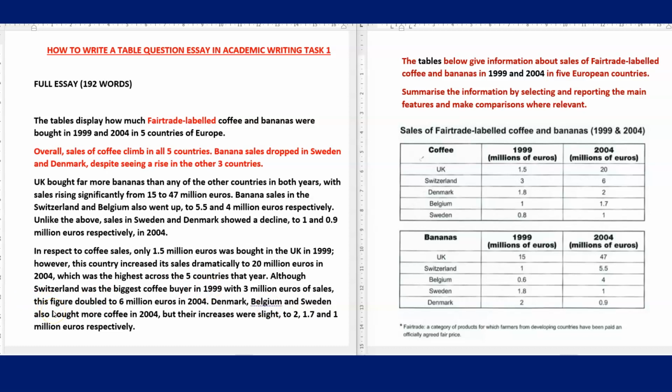So, I believe you now understand how to write a table question, and what I need from you is that you go over this particular lesson over and over again, and then when you understand it, you write other essays also on tables.